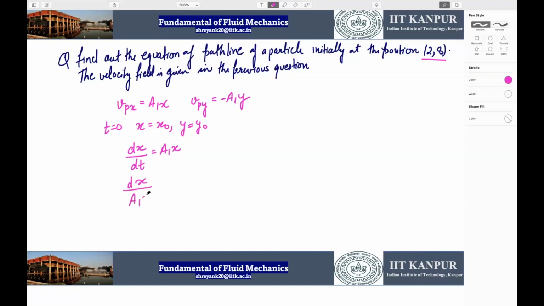We just have to integrate this equation. dx by x is equal to a1 dt. So ln x is equal to a1t plus ln c1. So ln of x by c1, so x will become c1 e to the power a1 into t.